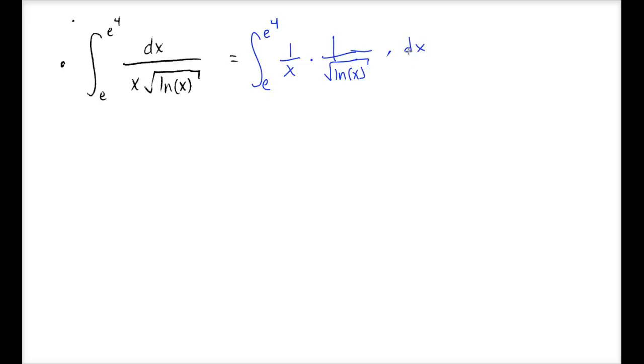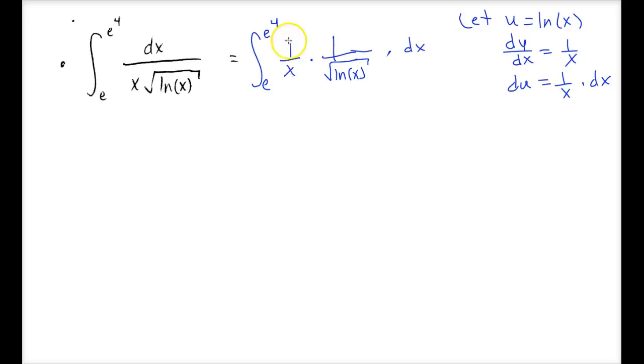And what I would do here is let u equal natural log of x. I only say that because we know that the derivative of natural log of x is what? Yeah, that's right. It is 1 over x.